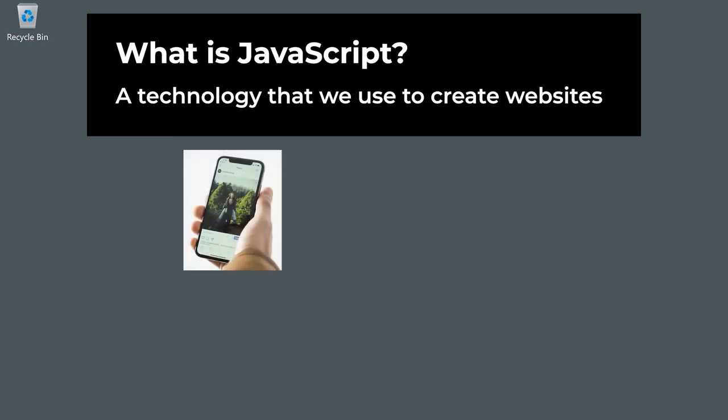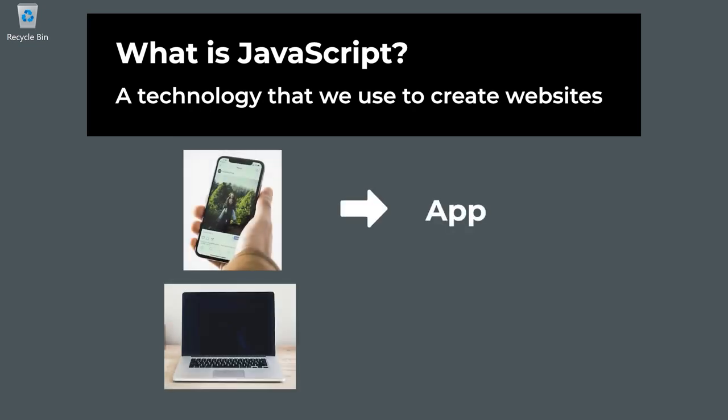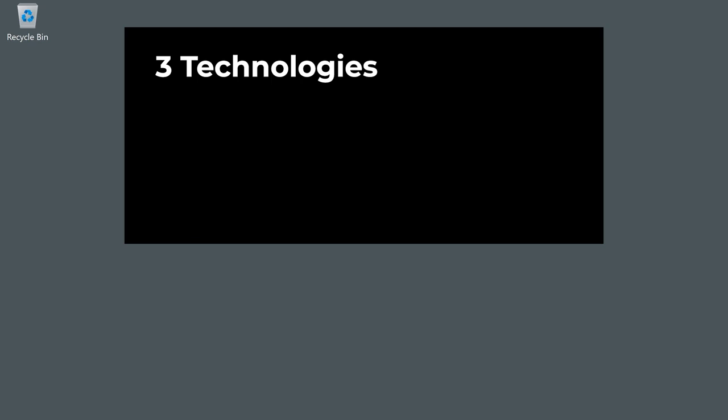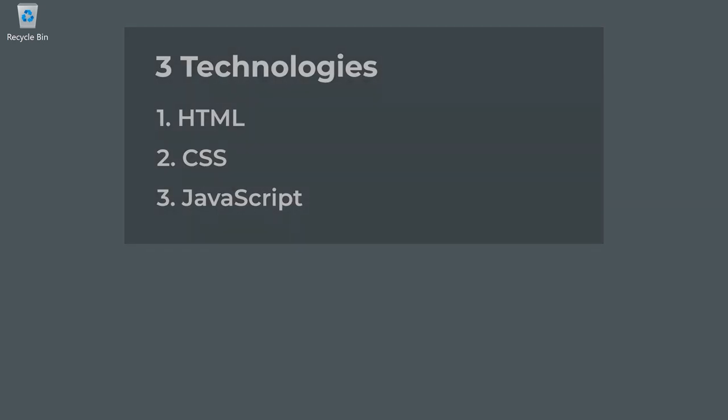If we were using a phone, we usually use an app, but on our computer, we use a website. So there's actually 3 technologies that we use to create websites: HTML, CSS, and JavaScript. Each of these technologies has a specific purpose when creating a website.